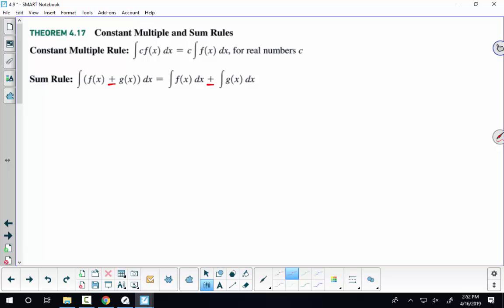The sum rule is the same as the sum rule for a derivative. Basically, the derivative got distributed across sums and differences. The same thing happens with antiderivatives.